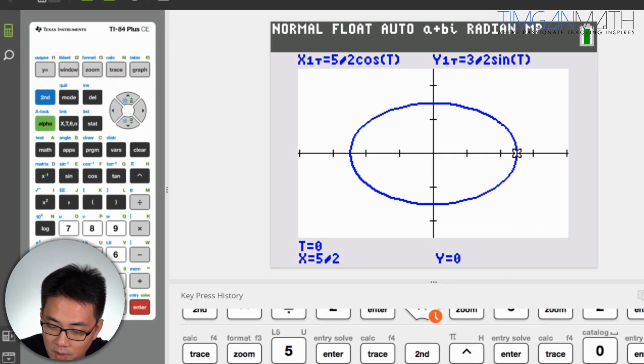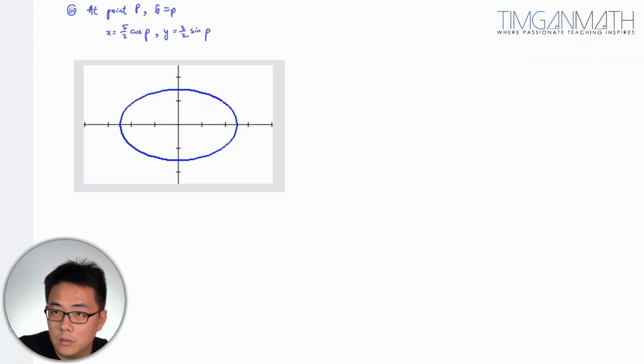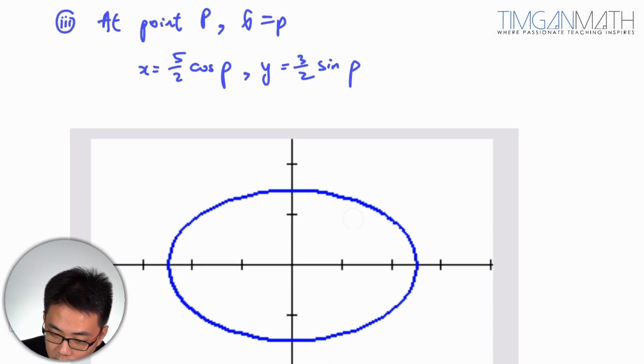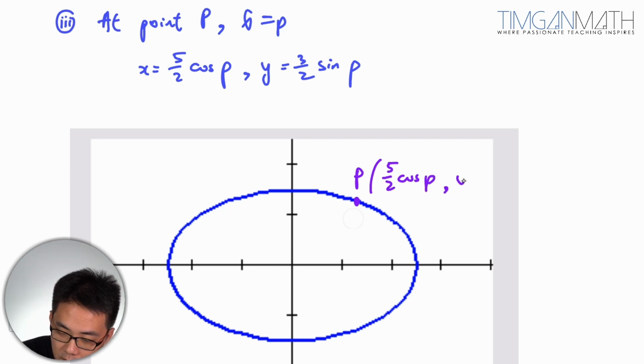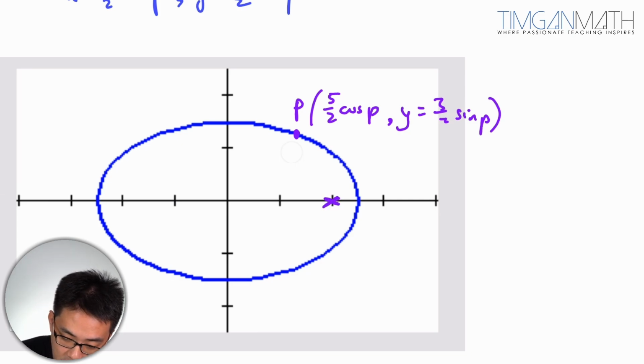From this graph here, let me copy this down. We have a point P. I'm not sure it's P, but it could be any point on the curve. So x is 5 over 2 cosine P, and over here, y equals 3 over 2 sine P. You want to find the distance from this point to this point here, which is (2, 0).